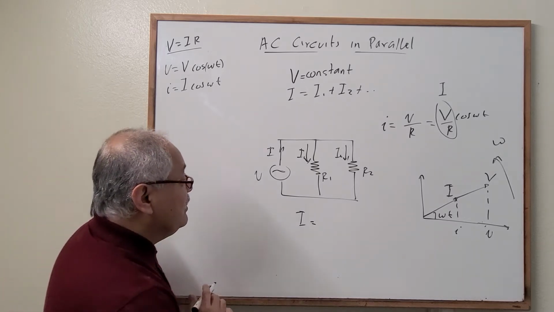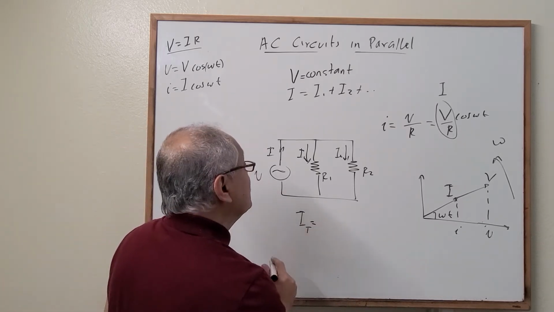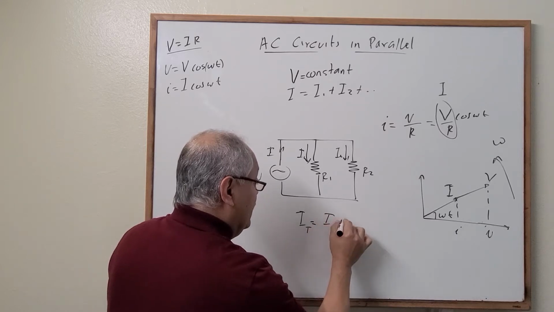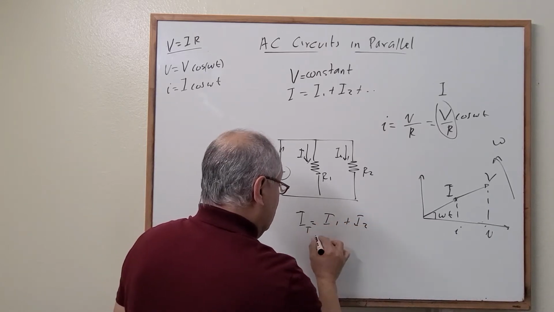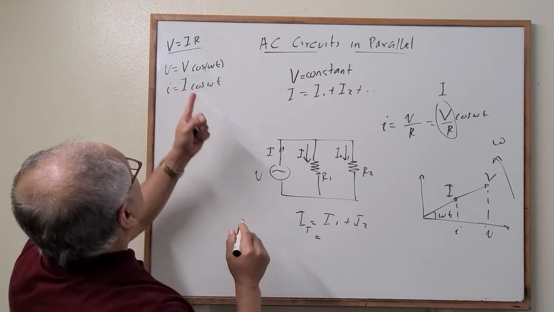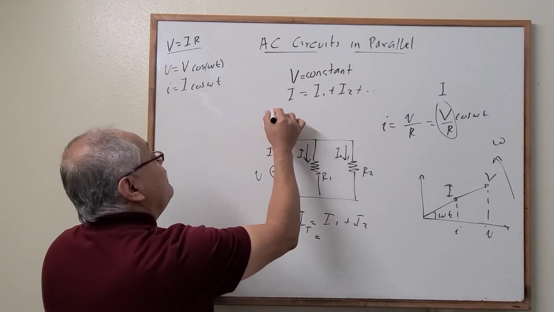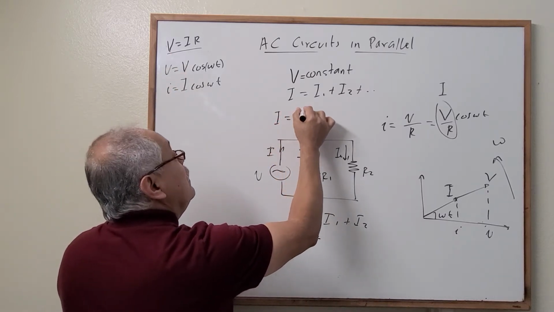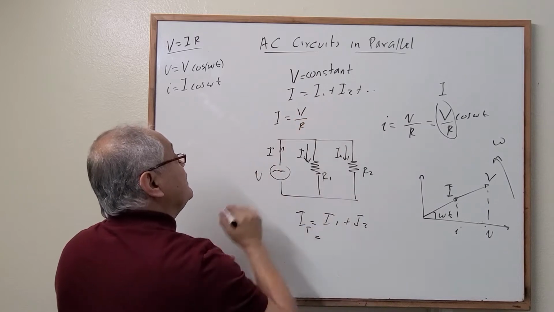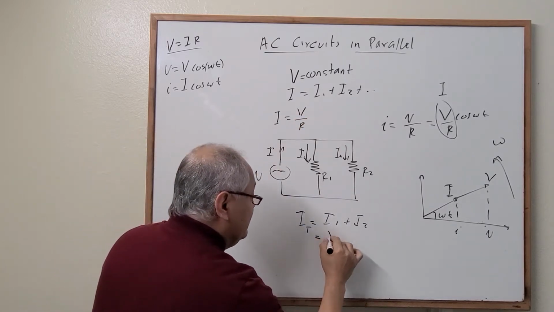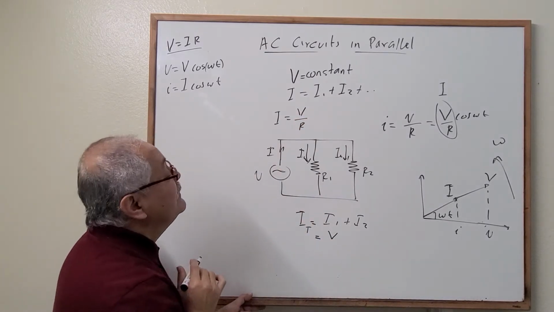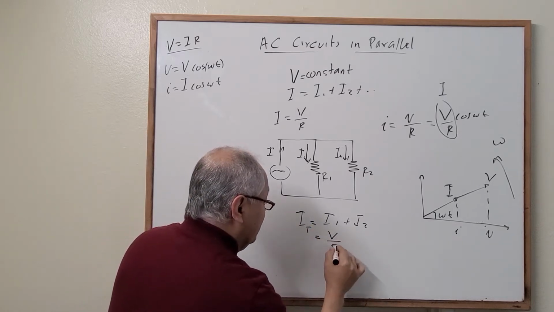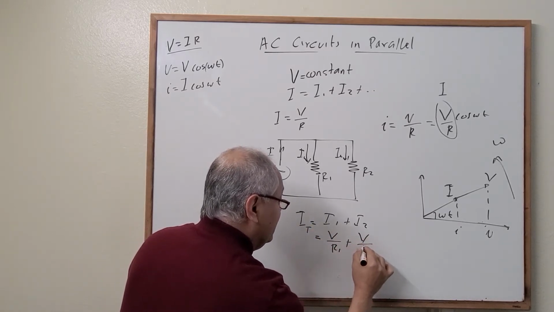The total is equal to current 1 plus current 2. Well, what is current 1? Remember Ohm's law: current is equal to voltage divided by resistance. The voltage is constant in parallel, so it's voltage divided by resistor 1 plus voltage divided by resistor 2.